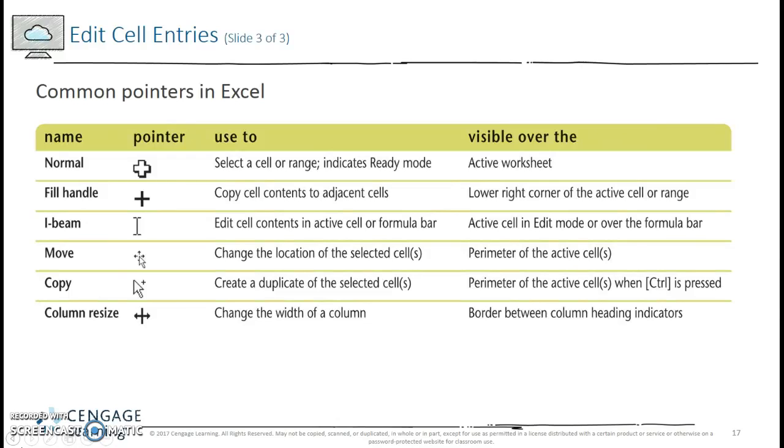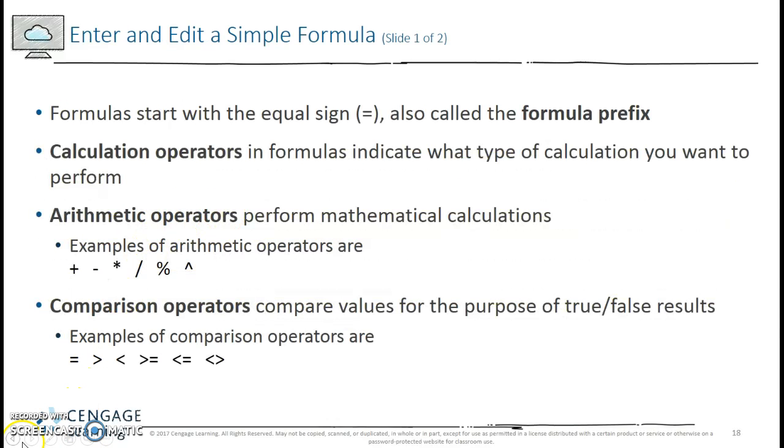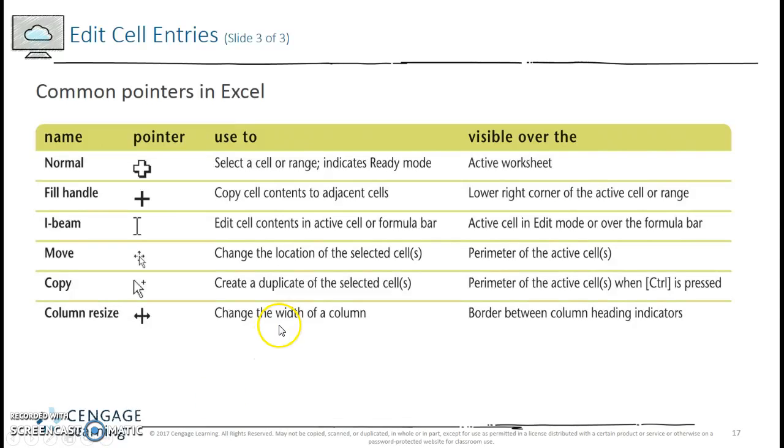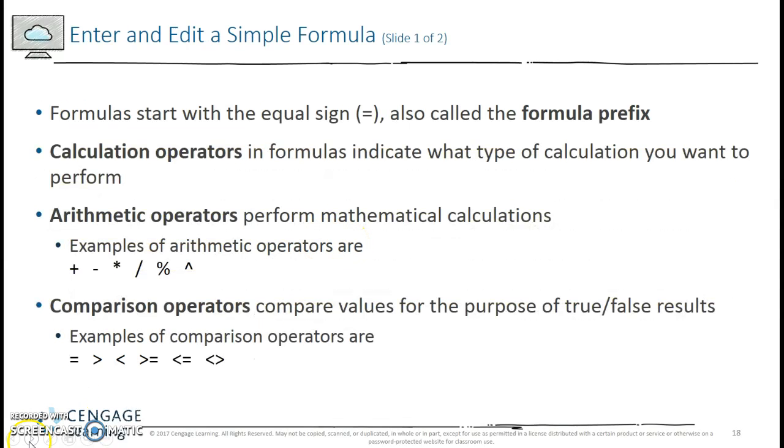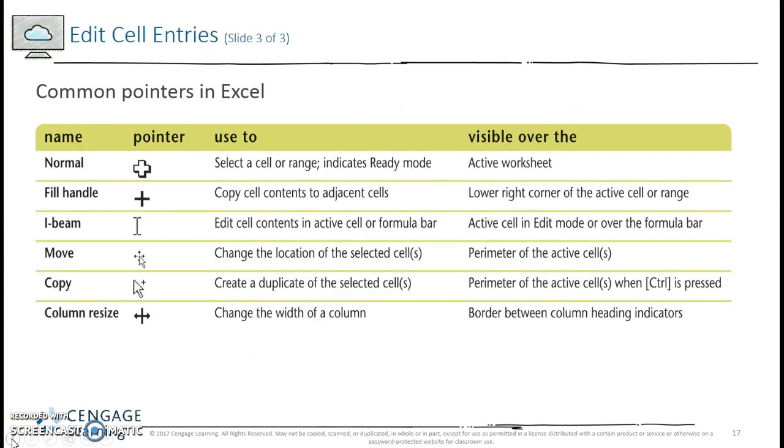So here are the pointers in Excel. So normal, you see the plus sign right here. Here's the fill handle. Here's the edit, the cell, or the contents. It's the area that you're going to choose to edit.